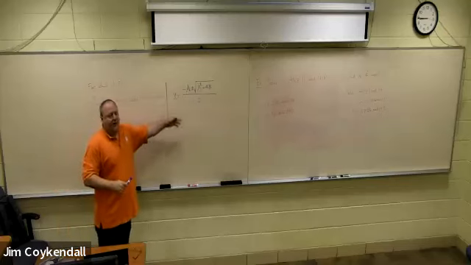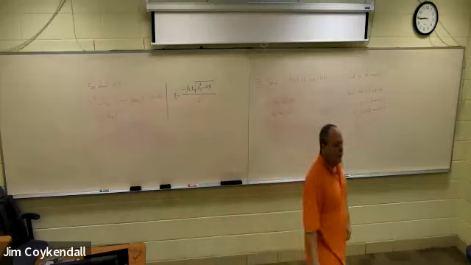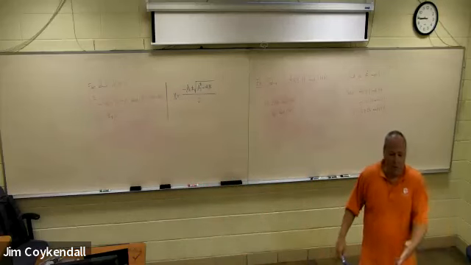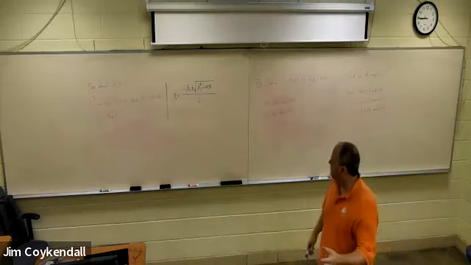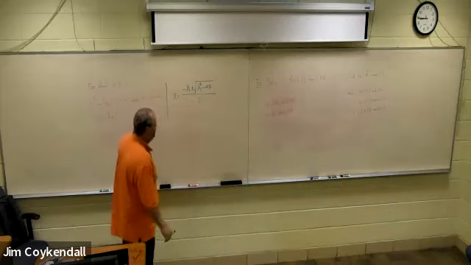So if you've had 8520, this is going to give you some field extension, because you can divide by that, and the square root. You can make a field extension if you like.